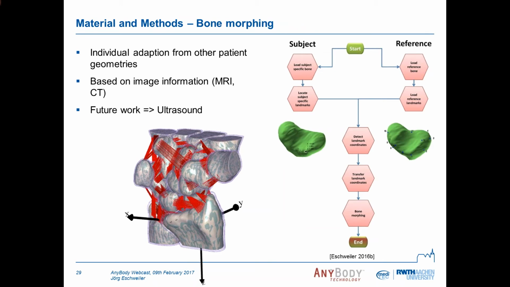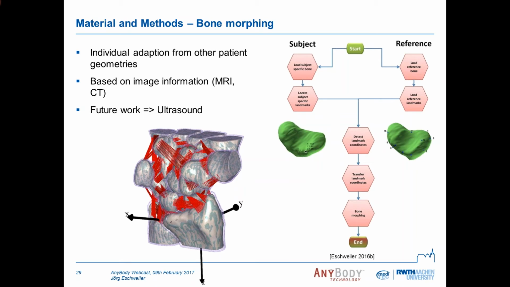Furthermore, for patient-specific model adaptation, we implemented a bone morphing function. This feature allowed us to adapt our model based on image data or image information like CT or MRI scans.